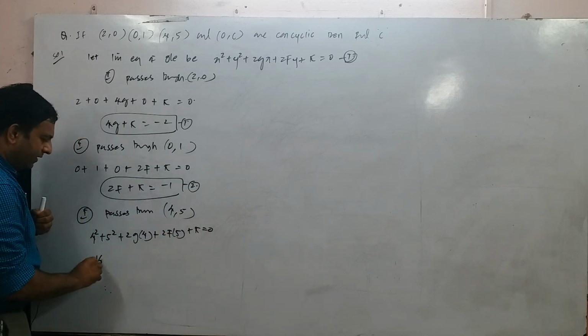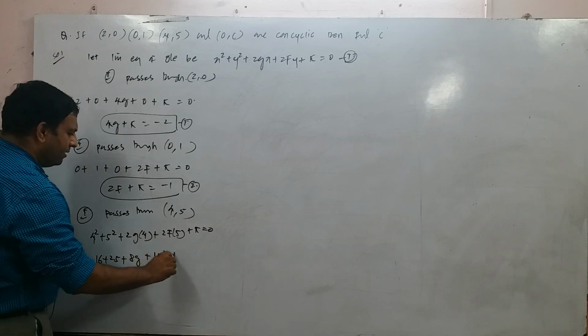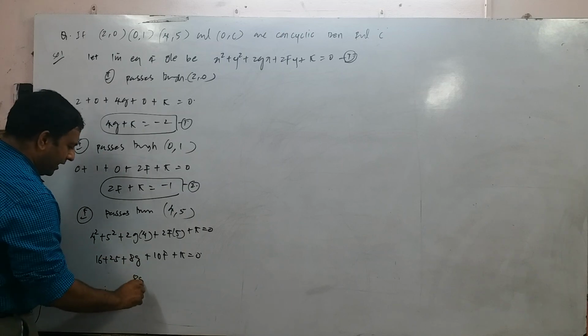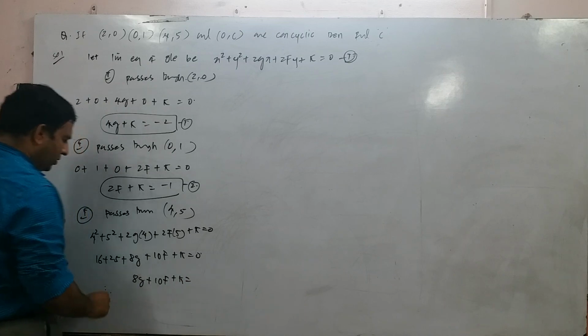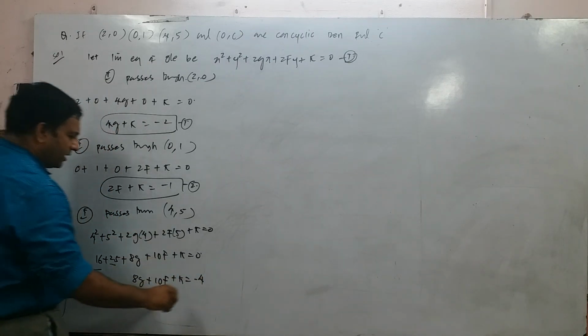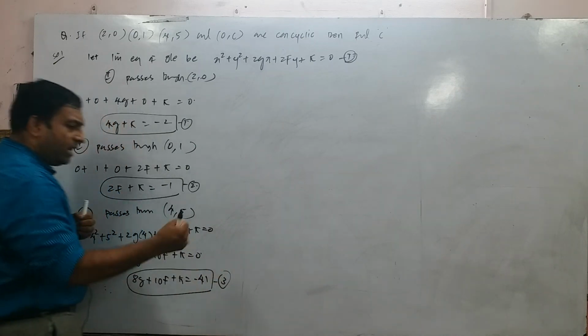So 4 square is 16, 5 square is 25, 4 twos are 8g, 5 twos are 10f, plus k is equal to 0. So I will write this as 8g plus 10f plus k is equal to -41, since 16 plus 25 is 41 and it goes to the other side. So I got the third equation in terms of g, f and k.